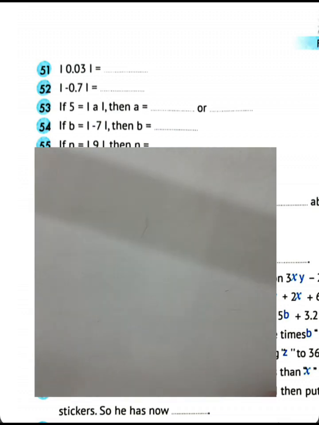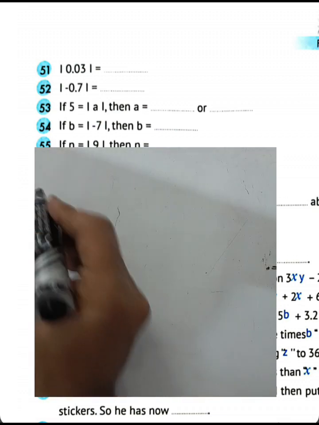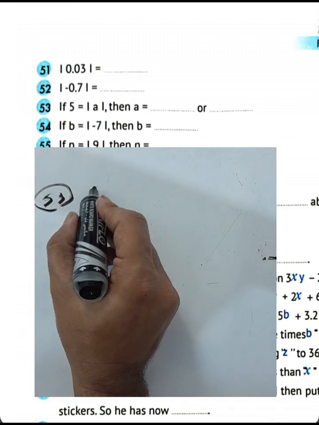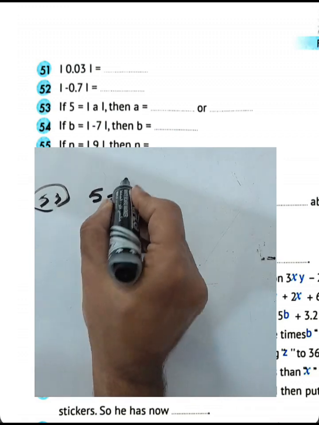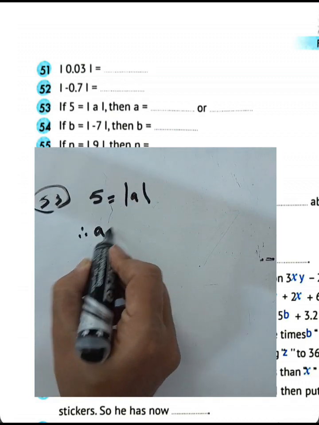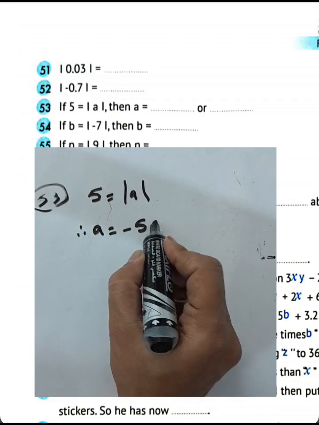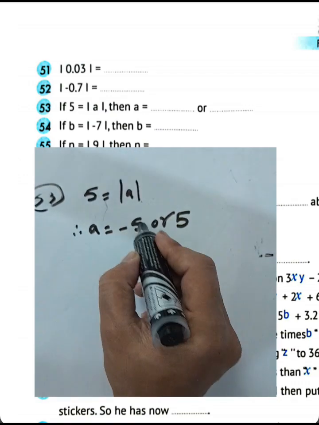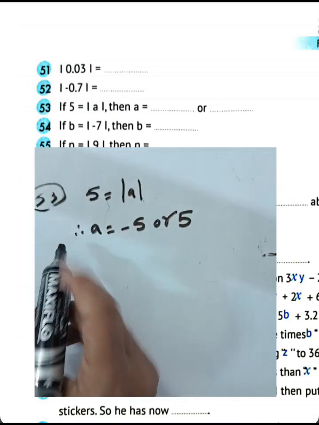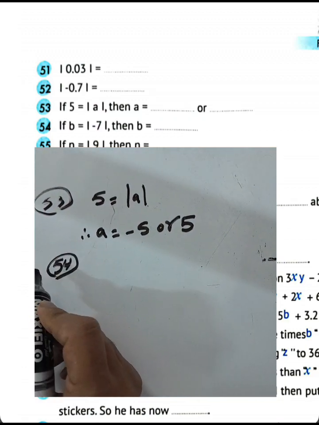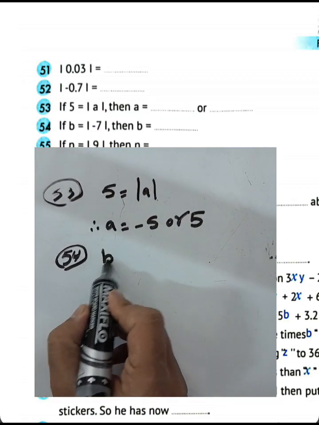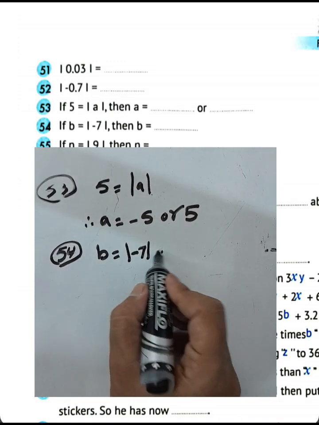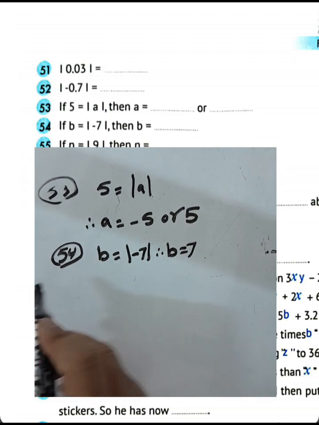And next question. Question 53. If 5 equals absolute value of a, then a will be equal to negative 5 or 5, because absolute value of negative 5 is 5, and absolute value of 5 is 5. Question 54. If b equals absolute value of negative 7, then b equals 7.